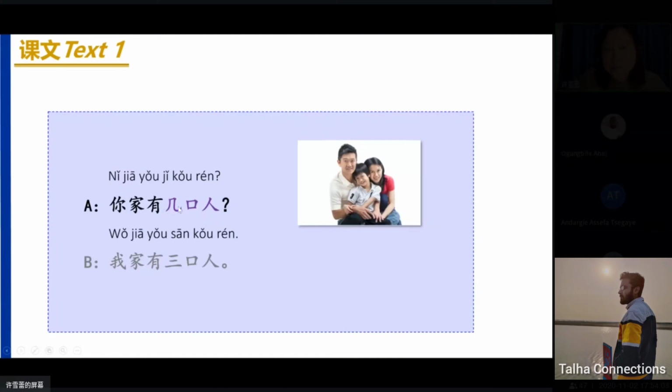So 几 here is a question word. 跟我读。你家有几口人？我家有3口人。Okay, that's the text.